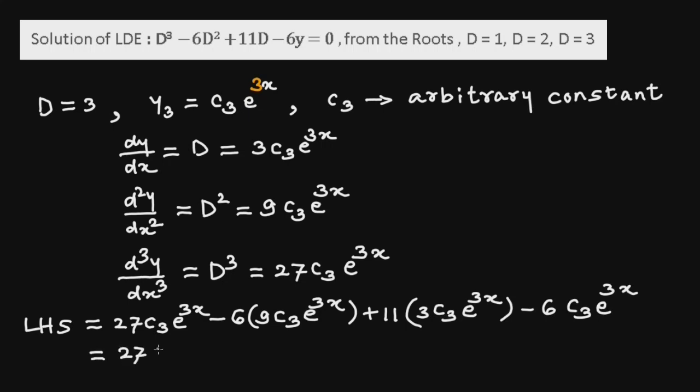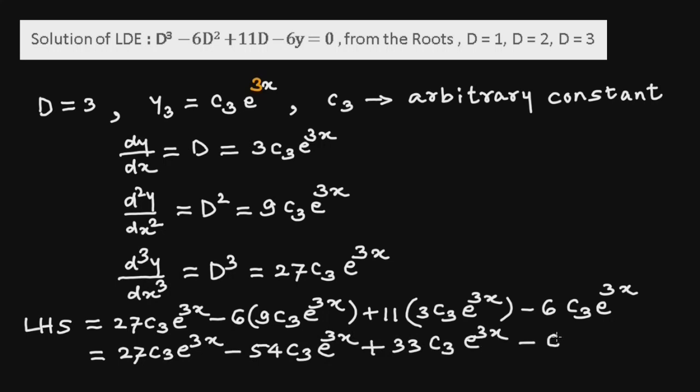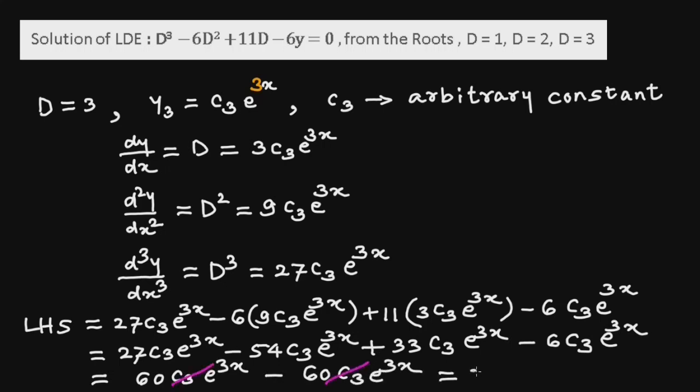This will be 27c3 e raised to 3x minus 54c3 e raised to 3x plus 33c3 e raised to 3x minus 6c3 e raised to 3x, which is 60c3 e raised to 3x minus 60c3 e raised to 3x. Cancelling, we get 0, which is the right hand side.